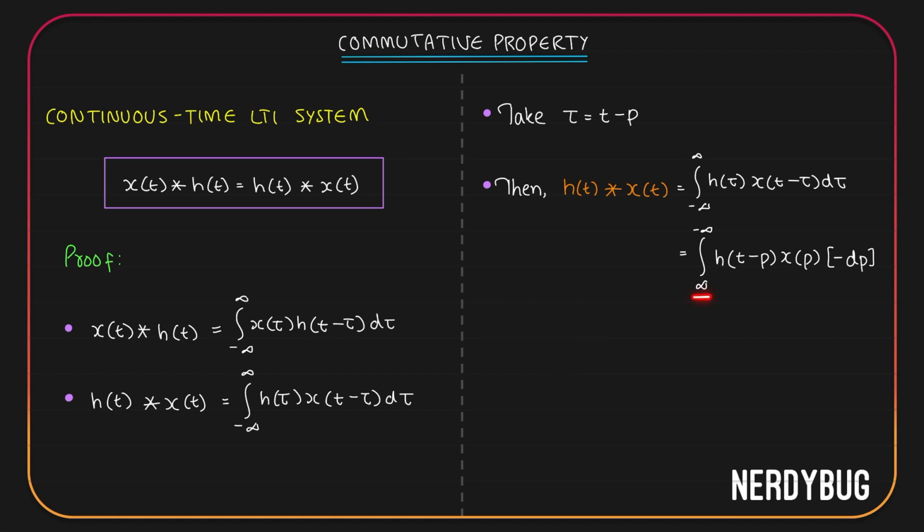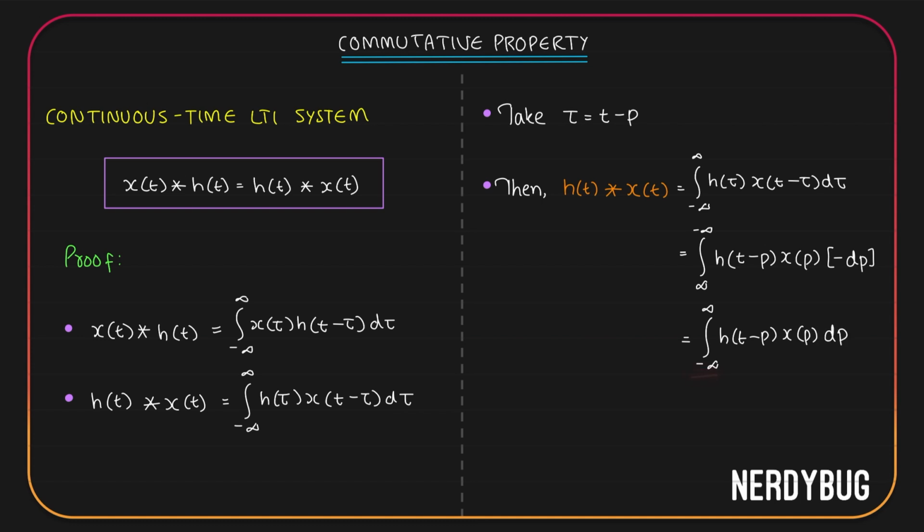Now we are integrating from infinity to minus infinity. Let us change the interval. But when you do that, you'll have to multiply the entire thing with minus 1 to compensate it. But we already have a negative here, so that will be cancelled. What we get is simply this: integral from minus infinity to infinity h of t minus p x of p dp.